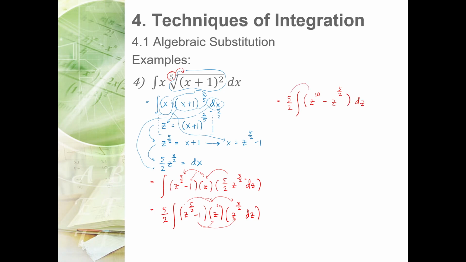So we can now integrate the two terms using the exponential rule because the two terms are simple. So 5 halves times z to the power of 11 over 11, minus 5 halves multiplied by z to the power of 7 halves all over 7 halves, plus c.